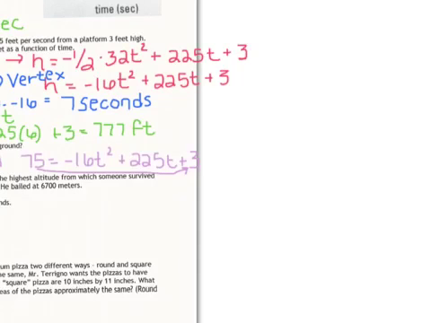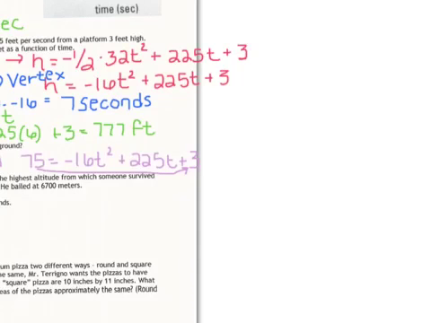Okay, so for the quadratic formula, negative b would be negative 225 plus or minus the square root of 225 squared minus 4 times negative 16, oh boy, times the c value, which is negative 72.